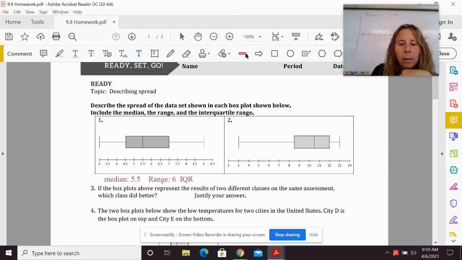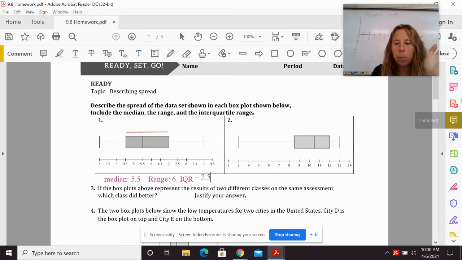Here, I'll draw a line. From 4.5 to 7, that is 4.5, 5.5, 6.5, 7. So 2.5. So your IQR equals 2.5.